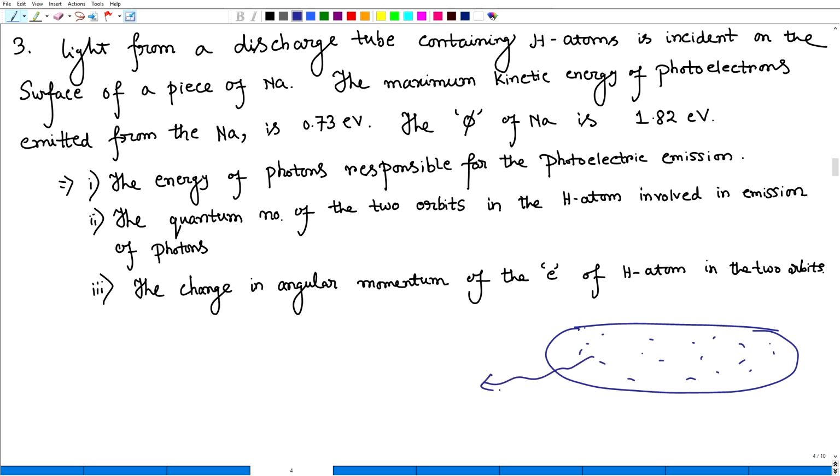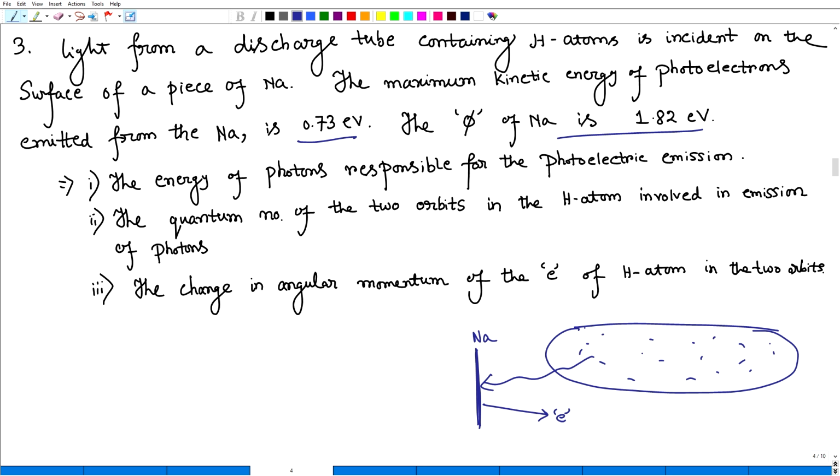A light is coming out and it's incident on a sodium metal, and due to that collision of the photon with the sodium metal, the electrons are emitted. That means the photoelectric effect is happening, okay, and the kinetic energy of that electron is given, that is 0.73 electron volt. The work function of the sodium is also given, 1.82 electron volt. Now they have asked the 3 questions.